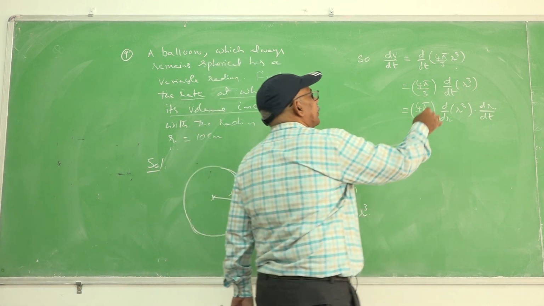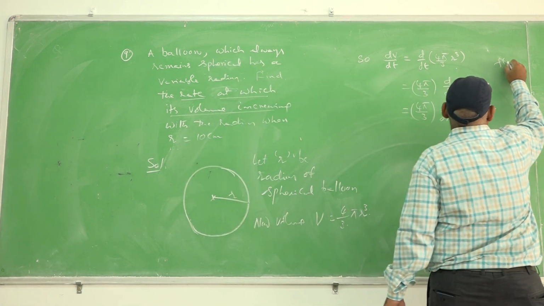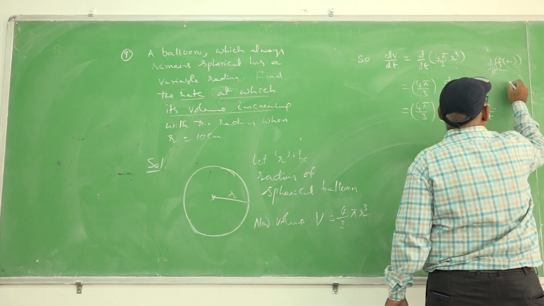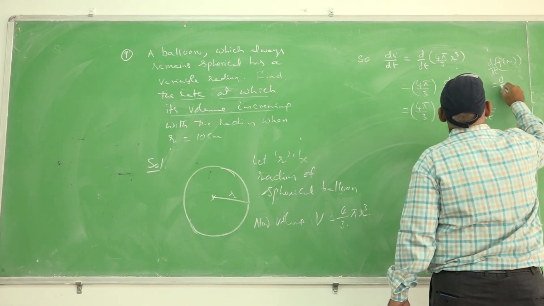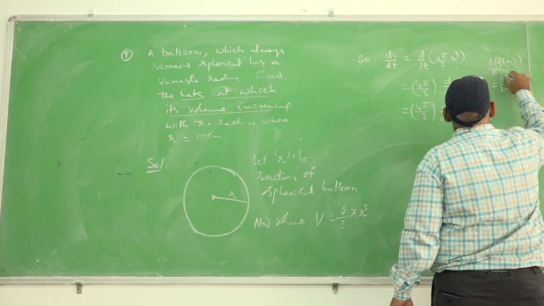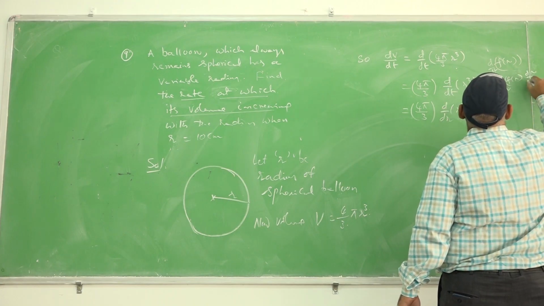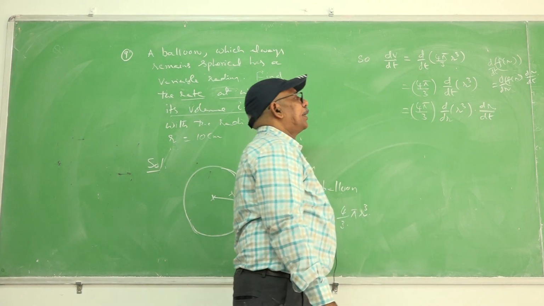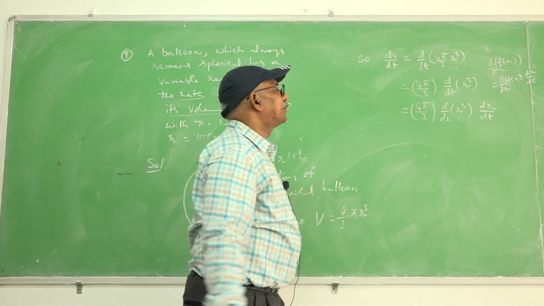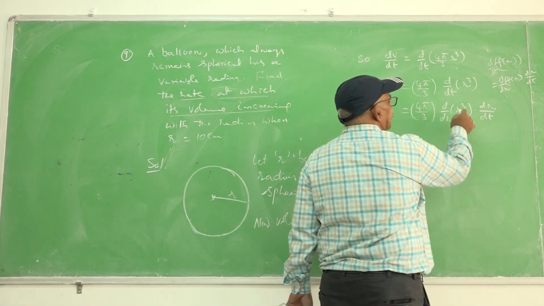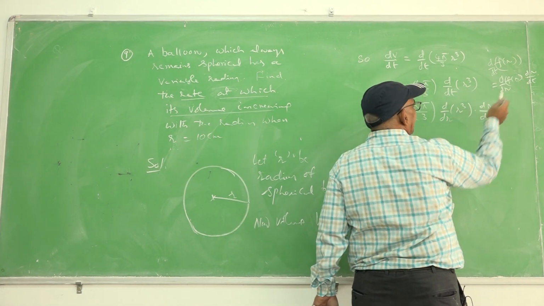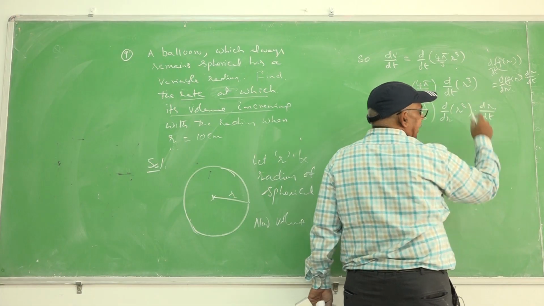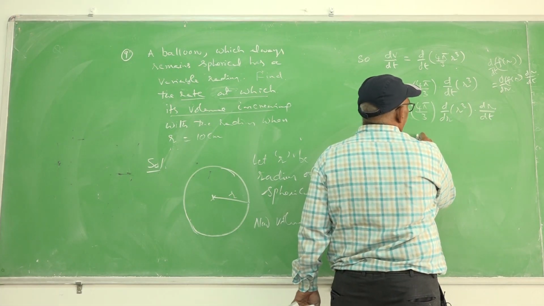It is a function of r, whereas r is depending on t. Differentiate r cube with respect to r initially and dr by dt follows.